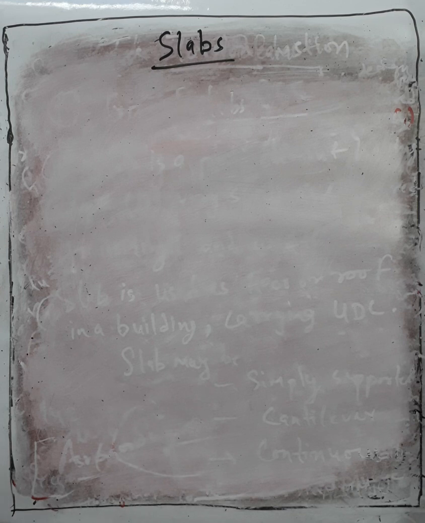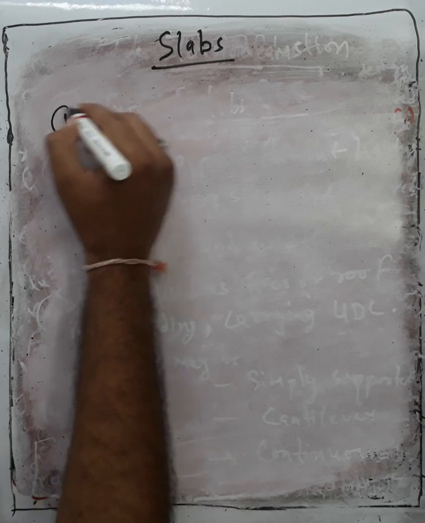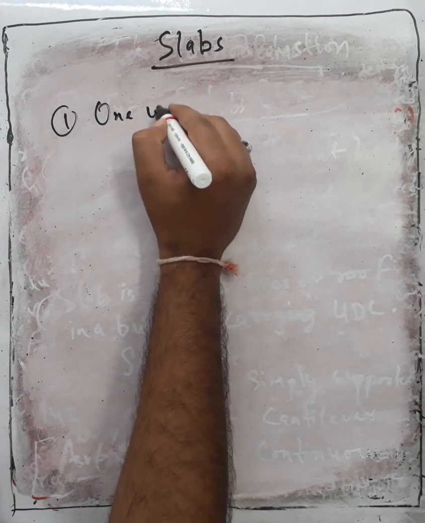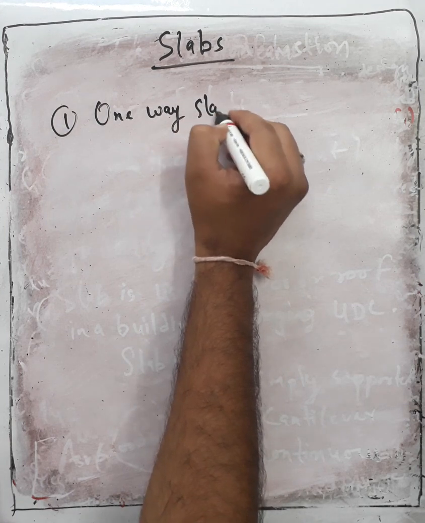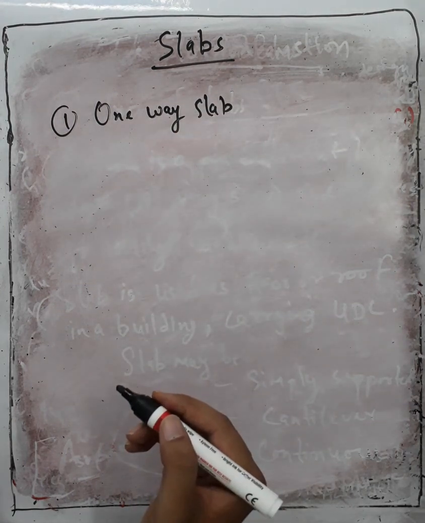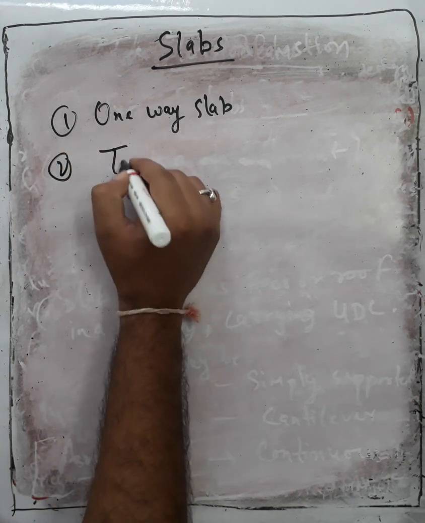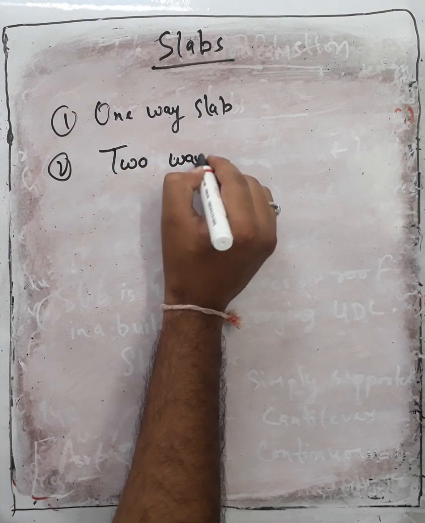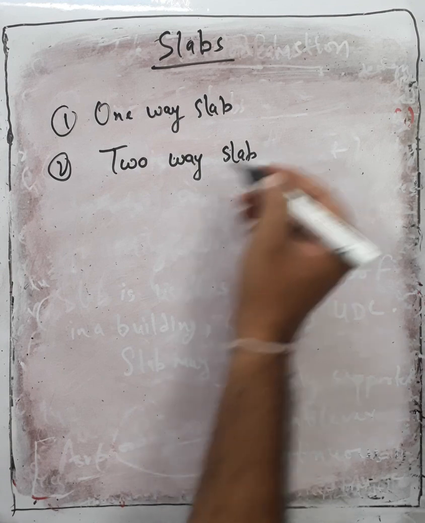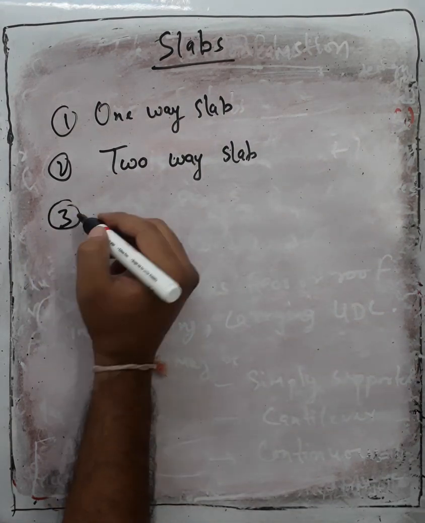So there are various types of slabs which we have to study. So first slab is the one-way slab or one-way spanning slab. Second is two-way slab. Two-way slab means two-way spanning slab.